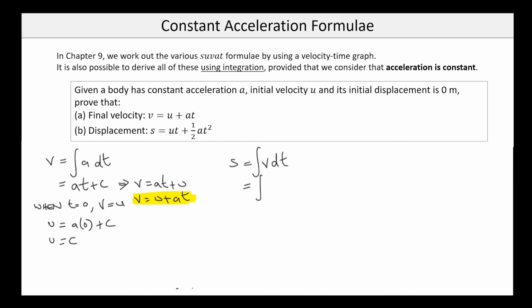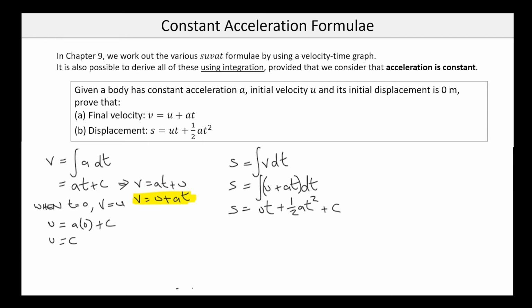So if we integrate with respect to t, u becomes ut. And here we're going to increase the power on t, so it becomes t squared, and divide by that new power. So we're going to have a coefficient of a half. We're going to have a t squared plus a new constant of integration c.